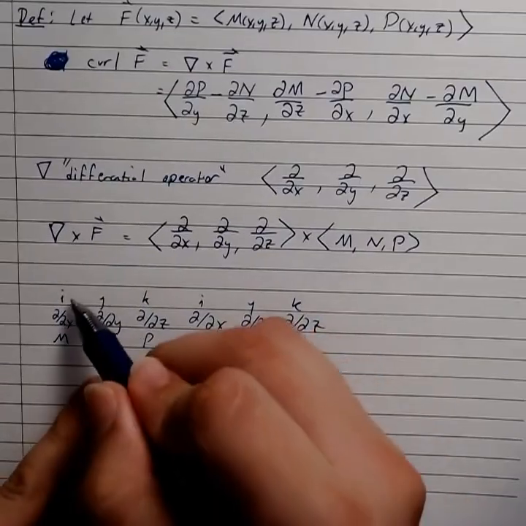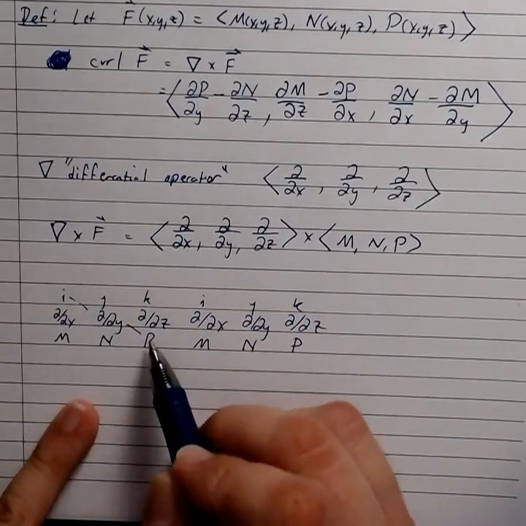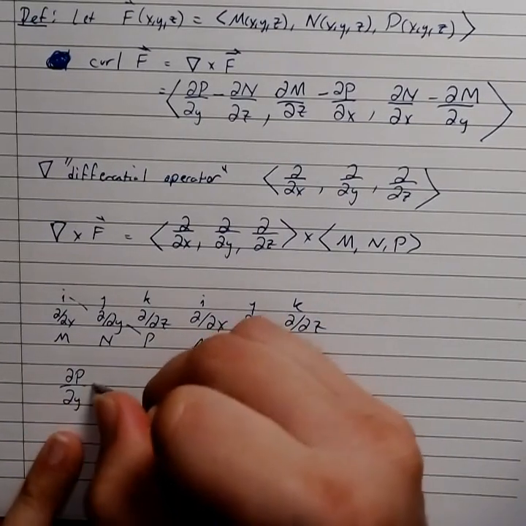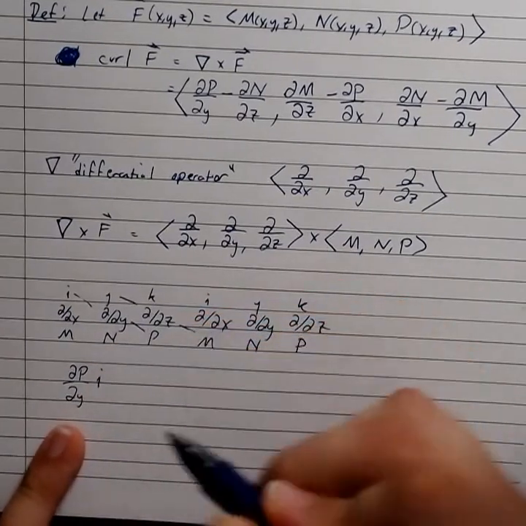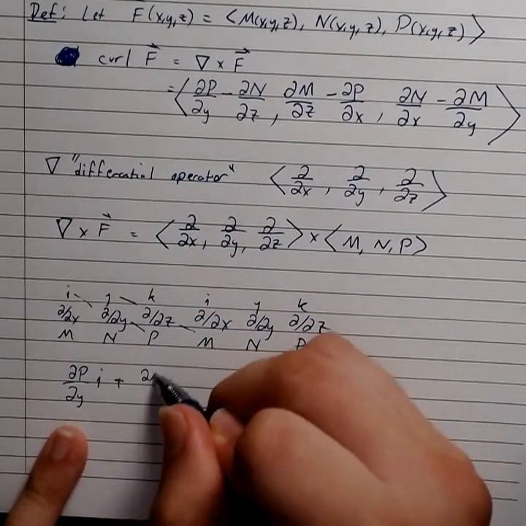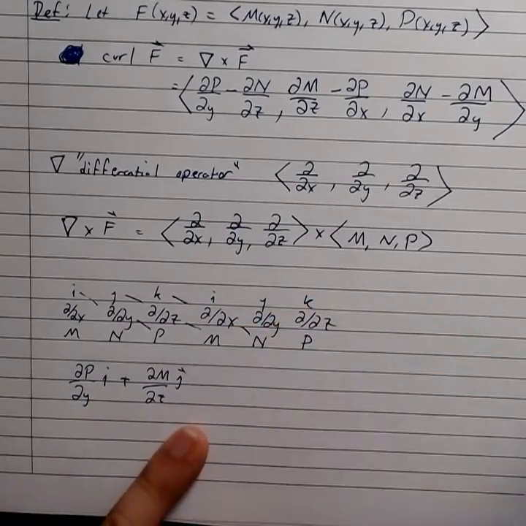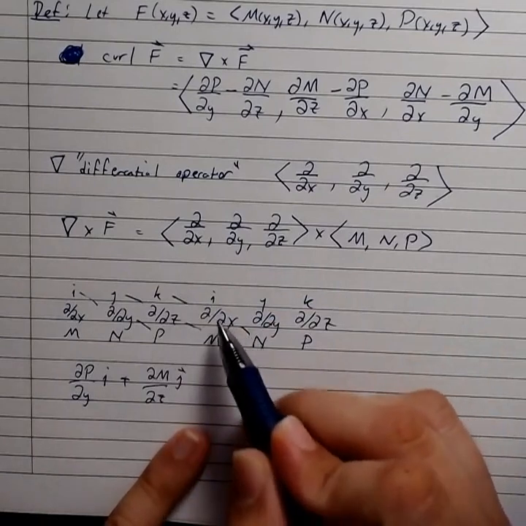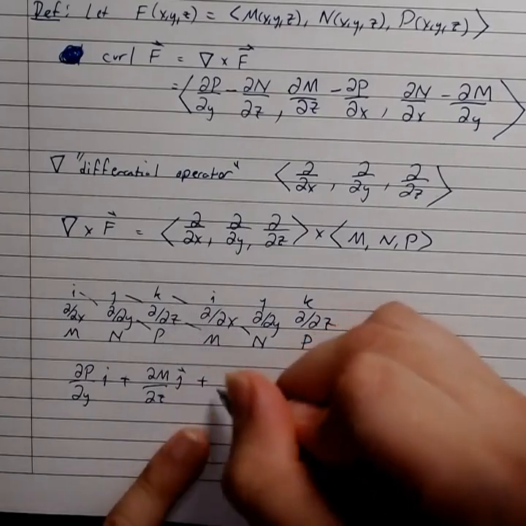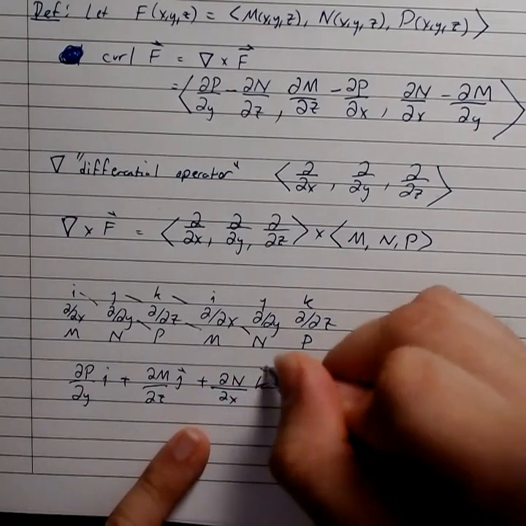Here, okay, that's going to be partial with respect to y, p. So here we're going to write this as the partial of p with respect to y, i. We're going to write this one as plus the partial of m with respect to z, j. And then we're going to write this one as plus the partial with respect to x of n, k.